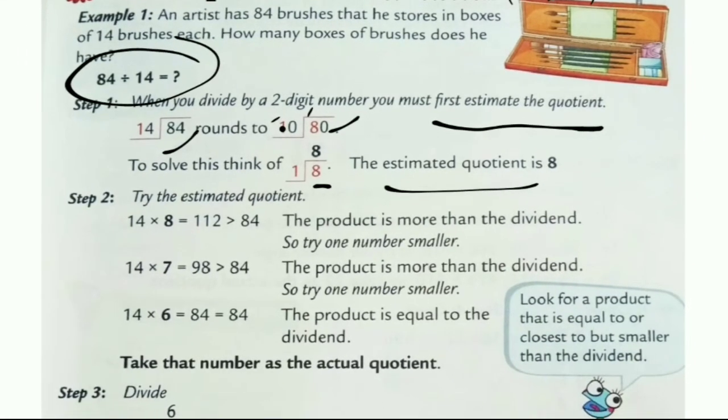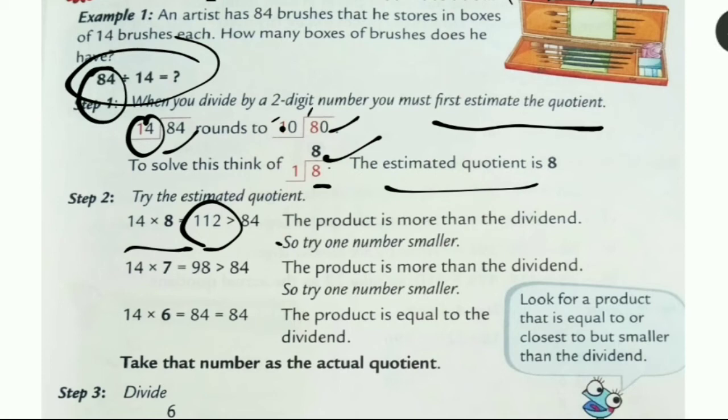After that, we check this 14 and this 8. 14 eights are 112, which is greater than your dividend. Now we will take one number below. 14 into 7 is 98.